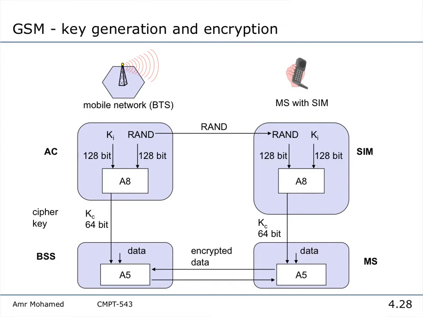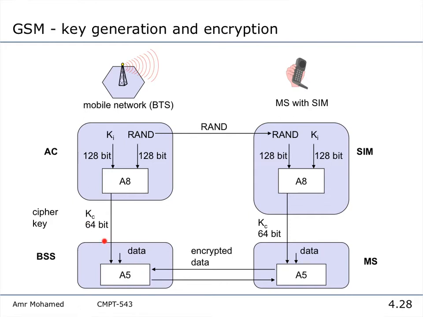Right? So we should get 128 ciphertext. No, we should apply the ciphertext. The cipher key is 64 bits. But the ciphertext, nobody said it is 128. That is the data.